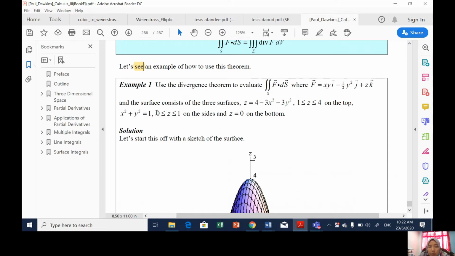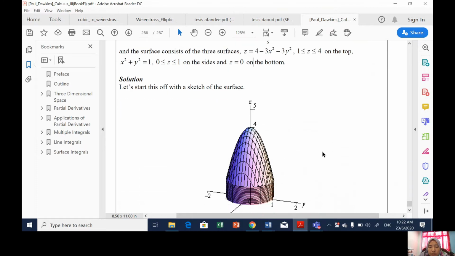We represent all the conditions here, number 1, 2, 3, 4 and 5 on the graph.